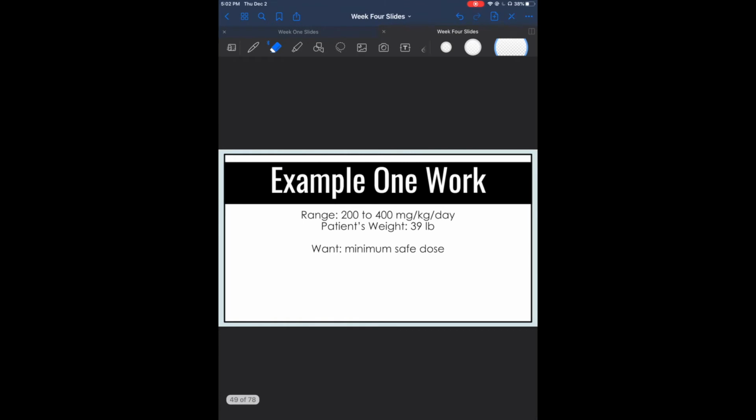So starting off with the minimum dose, we're going to start with our weight first. And our weight isn't in kilograms, so we need to add in our conversion column to get it to kilograms. And then we're going to start with our lowest number for our minimum. So our pounds cancel out, our kilograms cancel out, then we can multiply across the top and the bottom.